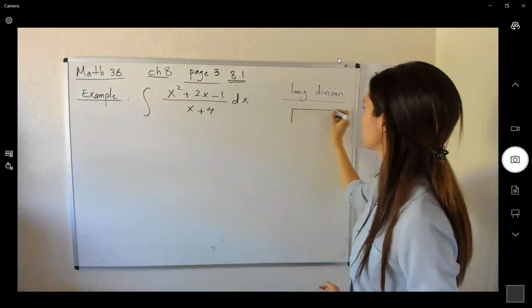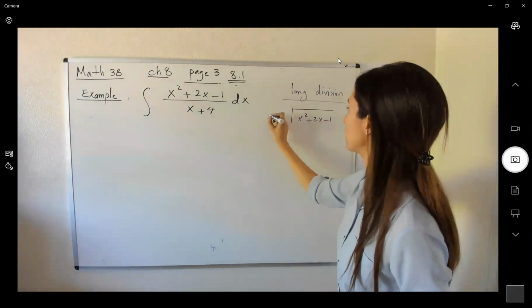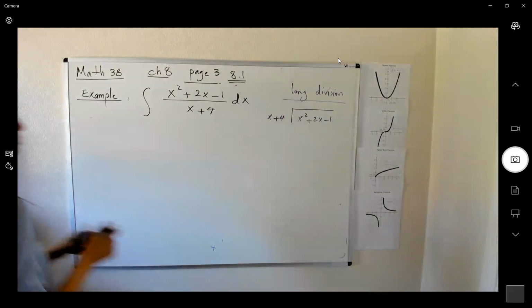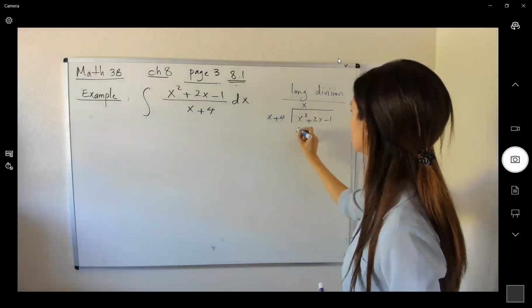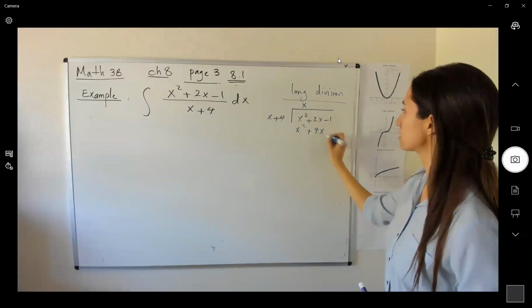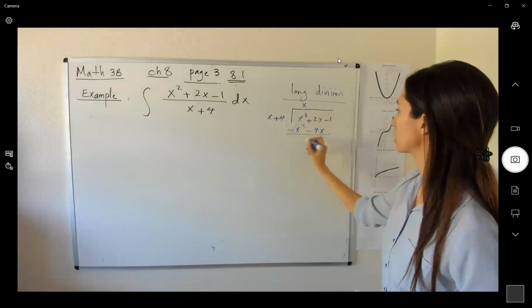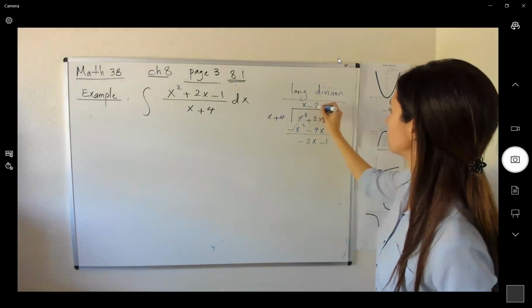So here you will have x squared plus 2x minus 1, and you get x plus, you multiply by x, you get x squared plus 4x, subtract these two, you get minus 2x minus 1. So what do you need? You have a negative 2.